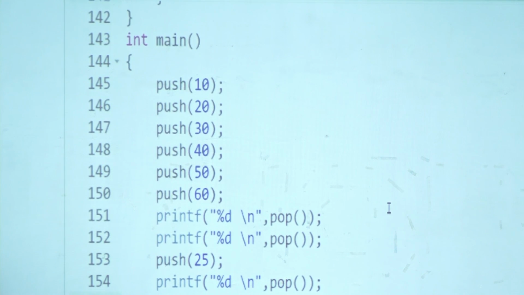See, look at it. 10, 20, 30, 40, 50, 60. 60 couldn't get in because of the overflow. When I did the first two pops, 50 and 40 went away. They were popped, head moved ahead, they were released. So at that point, what is there in the linked list? 30, 20, 10. Head is 30, then 20, then 10.